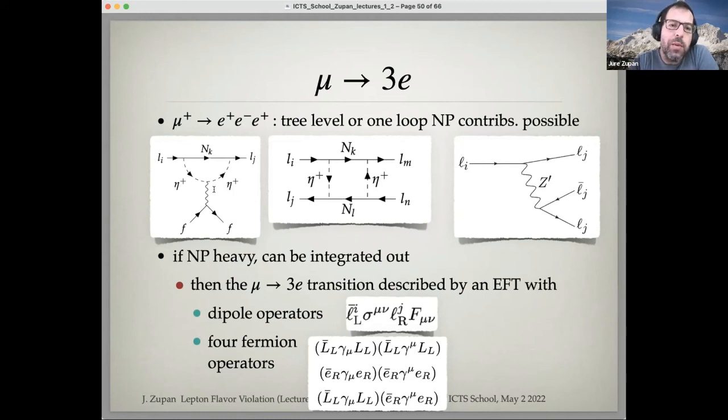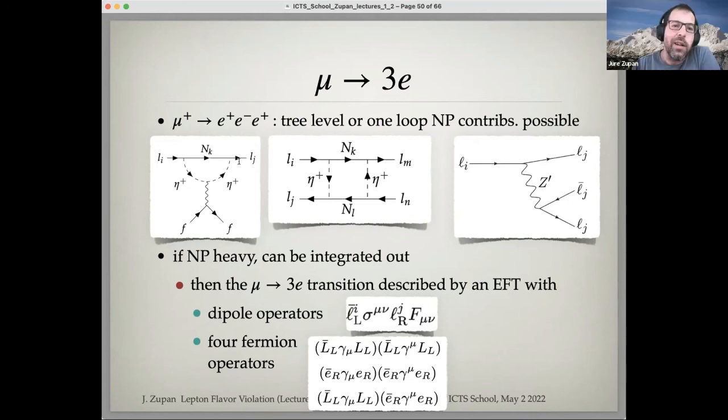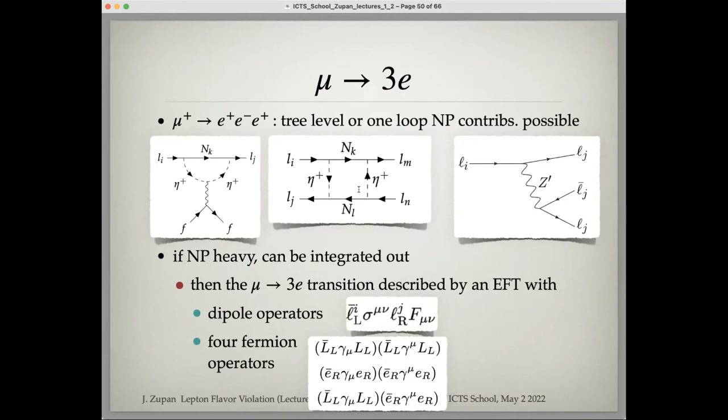Okay, there are more examples. You could just switch on the flavor violating couplings, for instance. You will have mu tau e, and then again, you will pay a big price here. But at the muon scale, tau would have been integrated out.